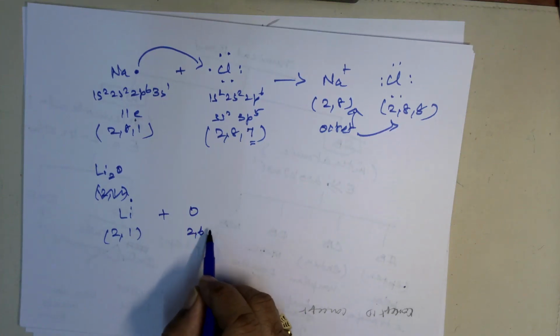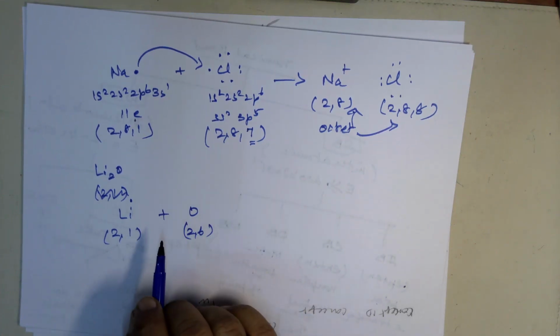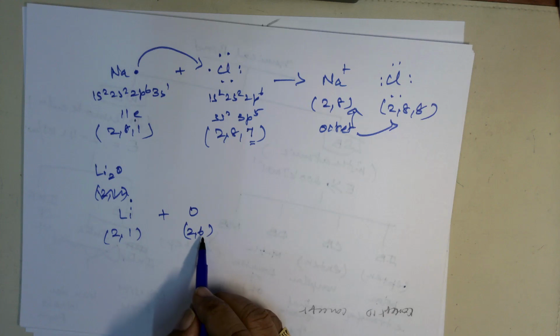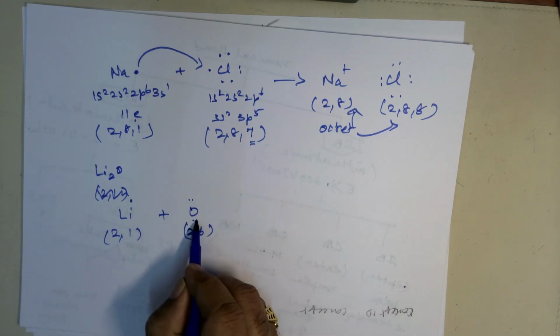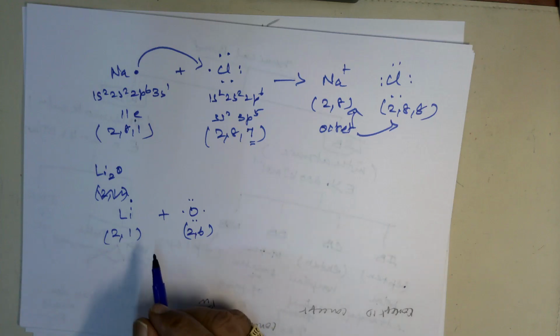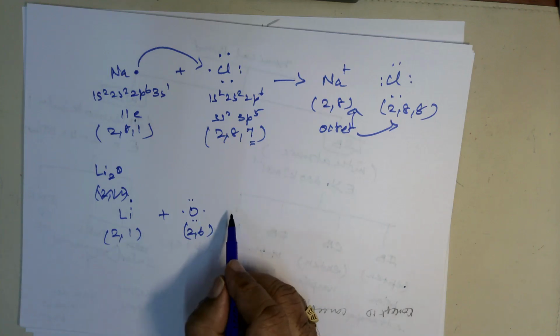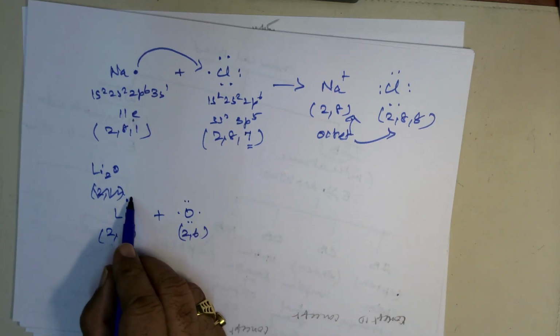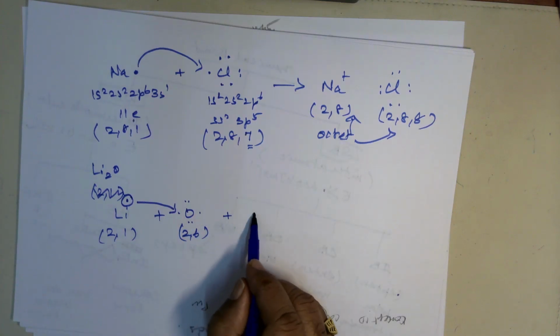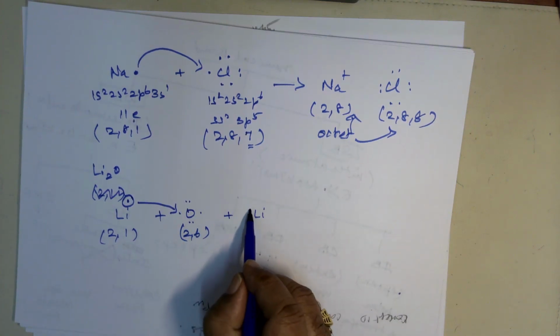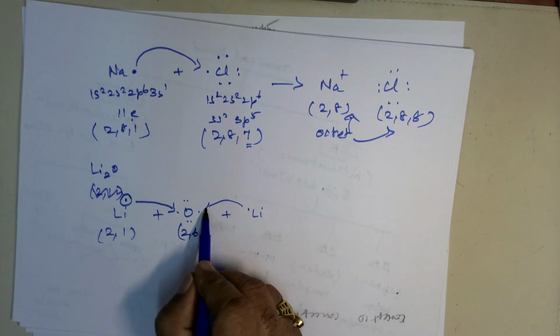So you have 2, comma 6. So here the outermost shell has 2, 4, 6 like this. And from this side, 1 electron will come and pair, and from the other side, 1 electron of lithium will come and pair.